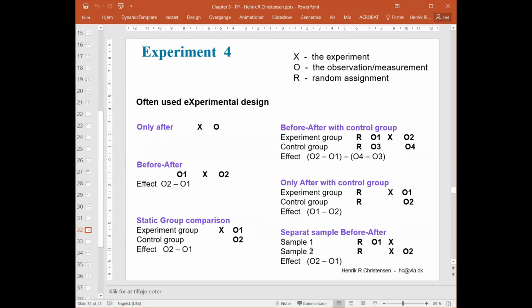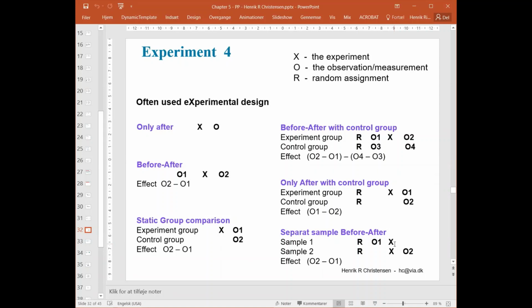Now here we could actually use that in the same company, because let's say we have 100 people in a department, and we are simply asking 50 of them how satisfied they are, and we keep track of who they are. And then we get a measure called O1. Then we do the experiment, we throw in free lunch, and we do it for all 100.